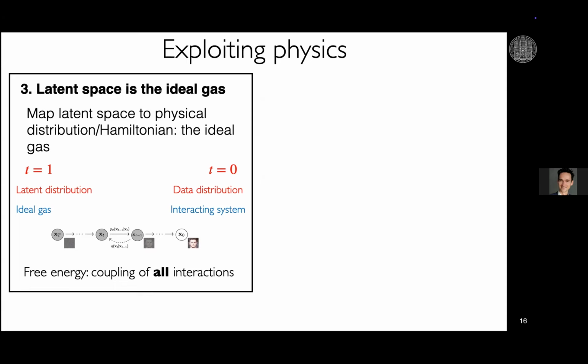What that means, in statistical mechanics, is called an ideal gas, in that they would have kinetic energy and they would move, but they don't interact. And this is great because we can write out analytically what the partition functions and the free energies are for this system, because that's a trivial system. And what it also tells you is that interpolating between the latent space and the data distribution corresponds physically to coupling the interactions. So my free energy now has a physical meaning.